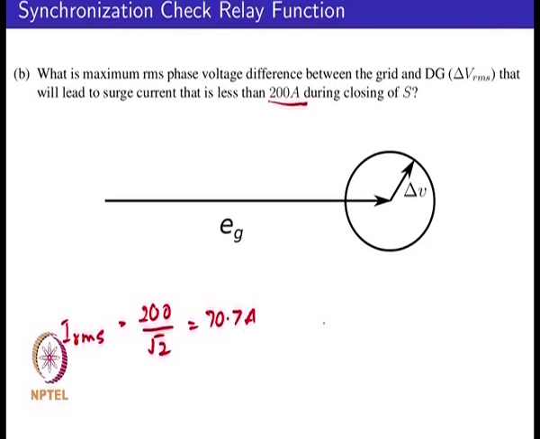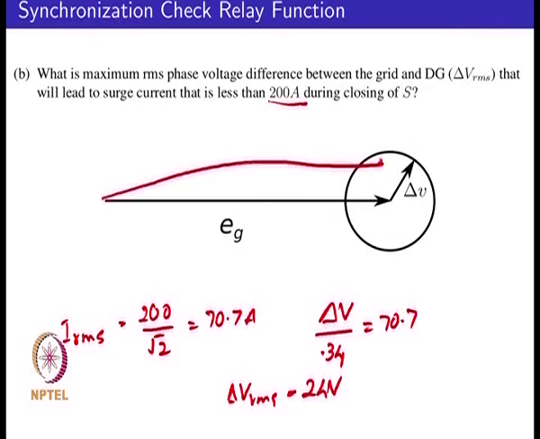So, you have your delta V by 0.34, which is your impedance, is 70.7. So, your delta V RMS is 24 volts. As long as your DG voltage lies anywhere in this particular circle, you would be okay, because your amplitude error will not lead to a current greater than 70.7 amps.